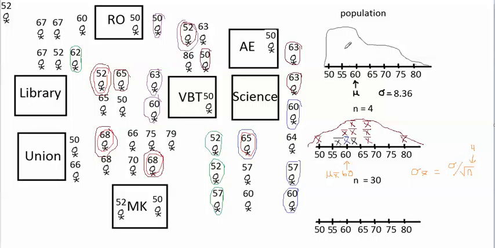That's because if the population members are a lot more spread out from each other with a lot more extreme people, then there's going to be a lot more extreme sample means.